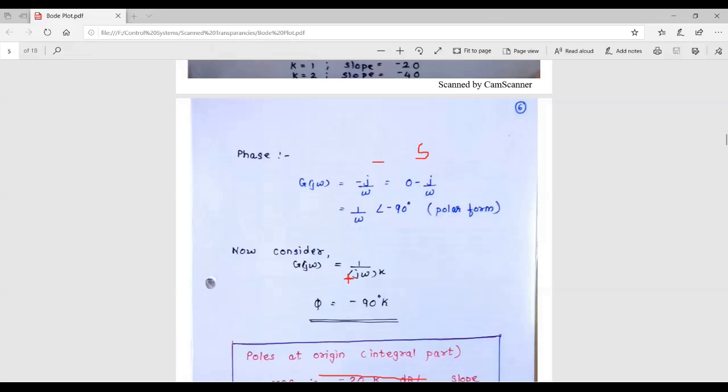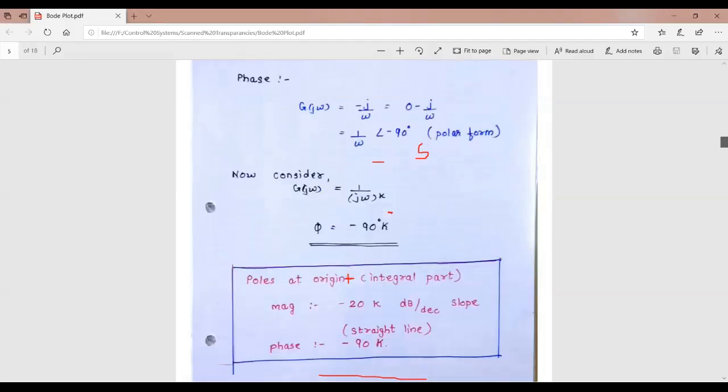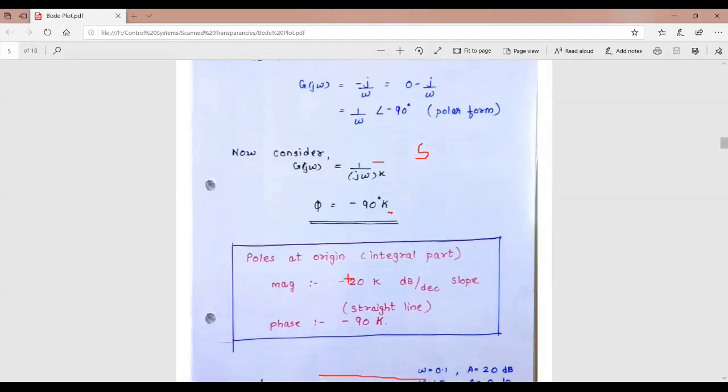Since this is in the denominator, when it comes in the numerator it has a negative sign, right? So the phase of G of j omega is equal to minus 90 degrees. Now always remember, a pole at origin will have a magnitude contribution of minus 20 log of omega and a phase contribution of minus 90 degrees.